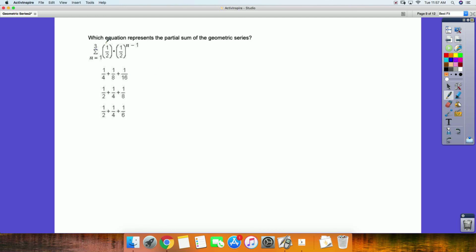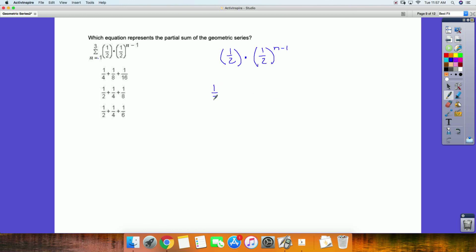So here is our summation. And they want to know which one of these represents this answer. So our rule is 1/2, that was the initial number, times 1/2 to the n minus 1. So it tells us that we're starting at 1 and we're going to 3.